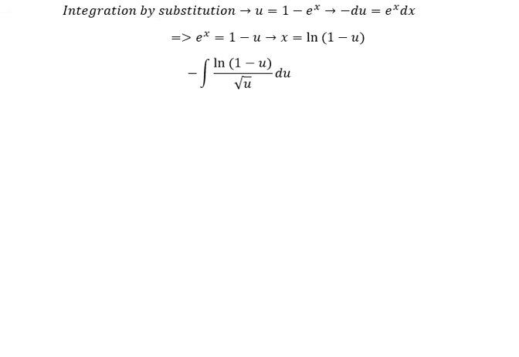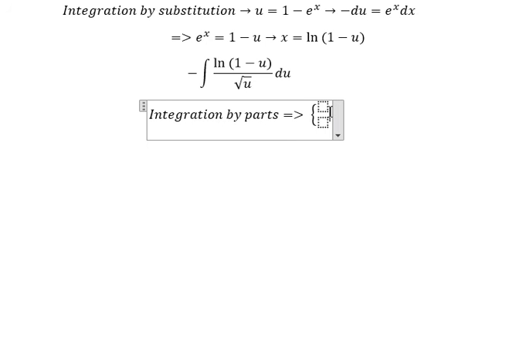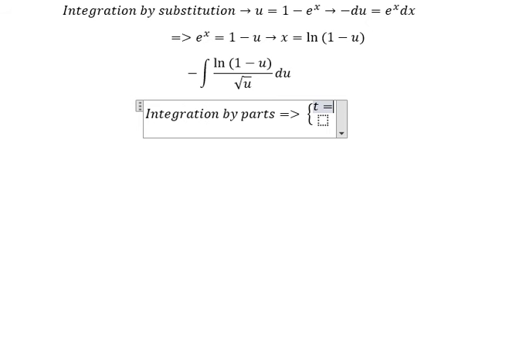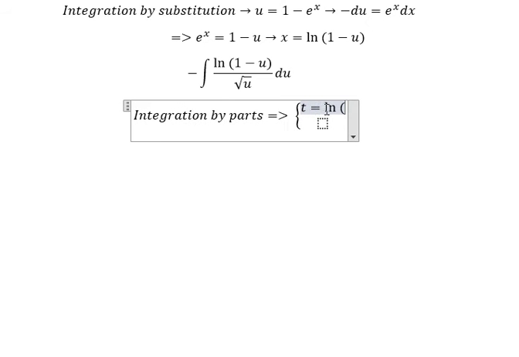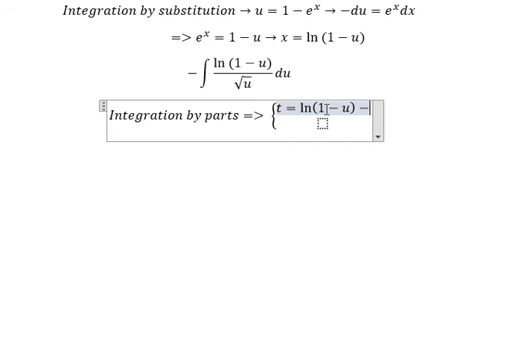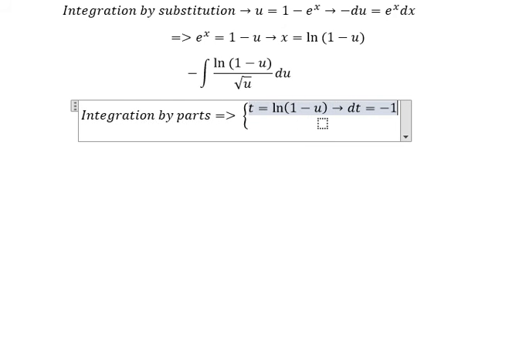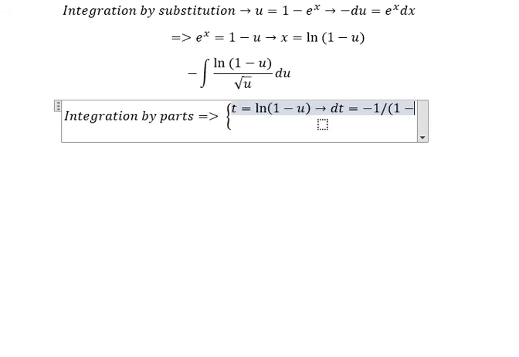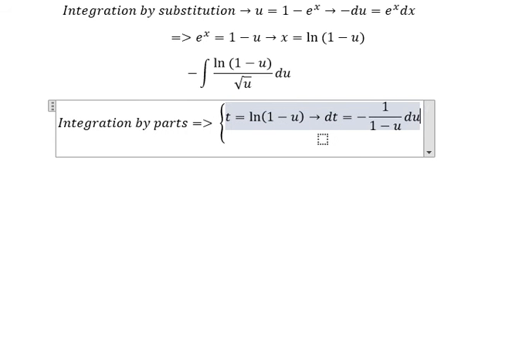Next, we need to use integration by parts. So we have t and dv. About t, we will use ln of 1 minus u. So we do first the derivative of this one. You will get dt equal to negative 1 over 1 minus u du.